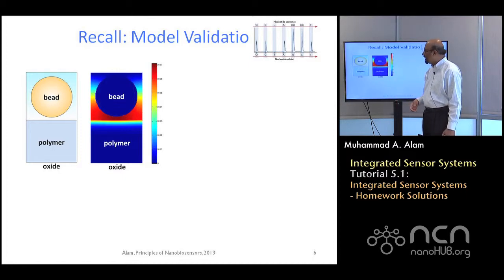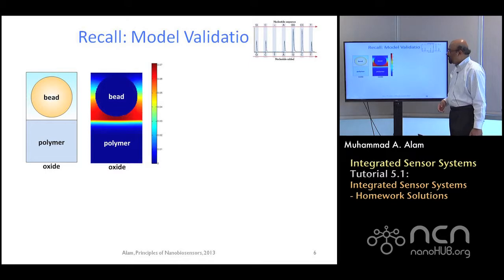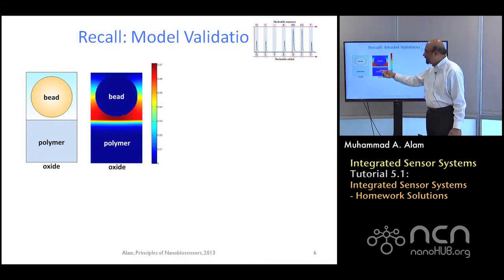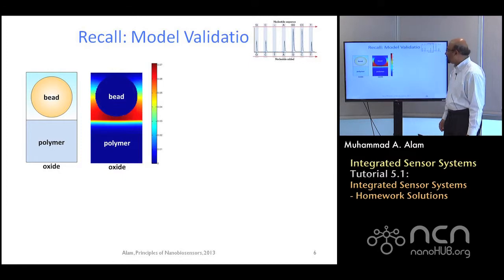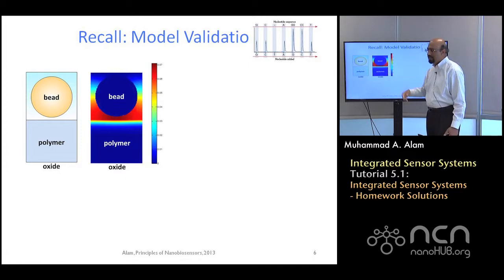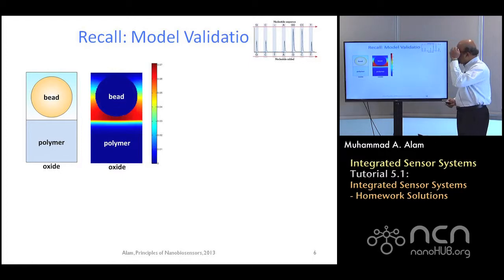The question we asked was how long it takes for the proton to come to the sensor surface. And these symbols, these spikes, were the signal reaching the sensor surface.